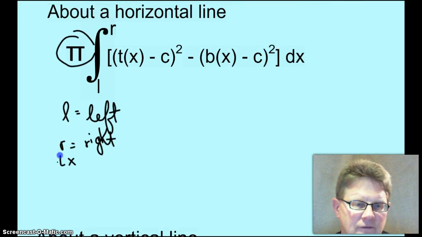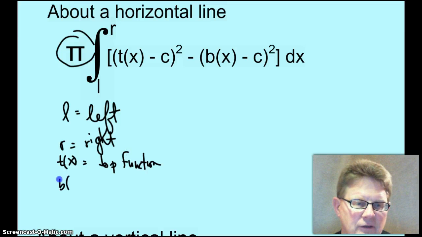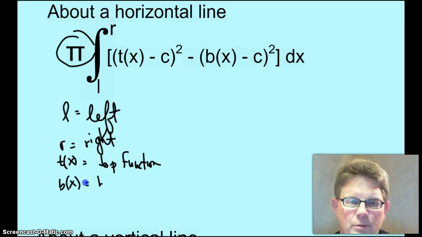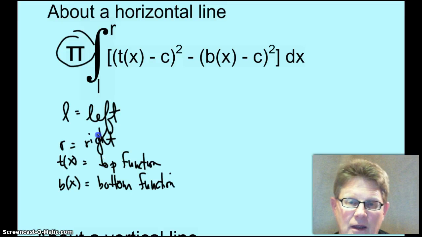T of x means the top function. B of x will be the bottom function. And C is the axis of revolution.